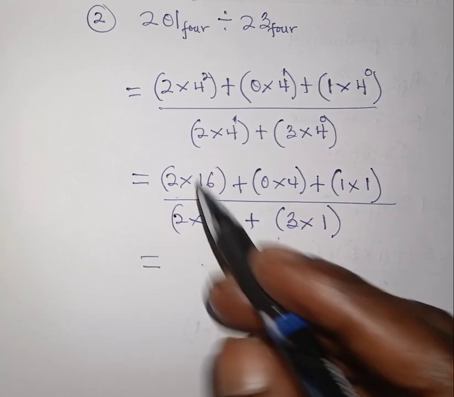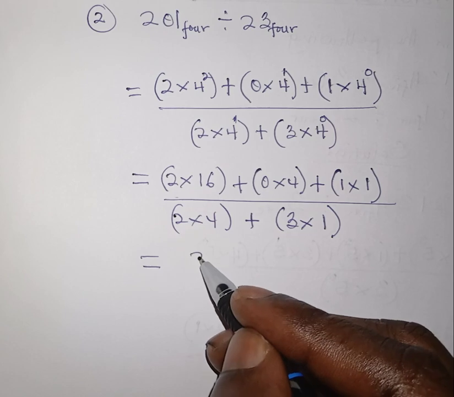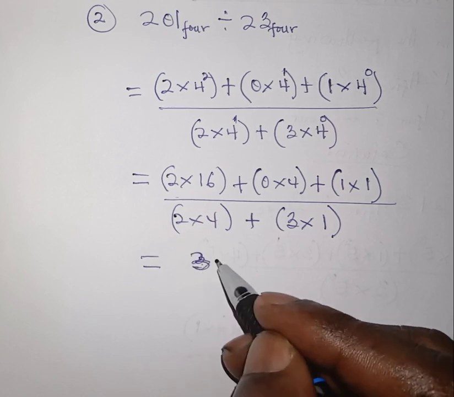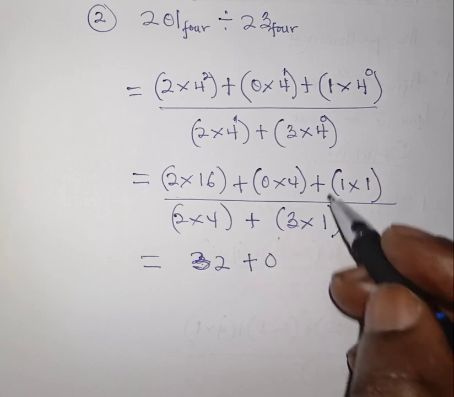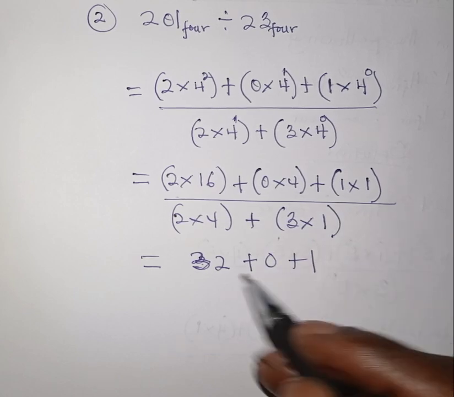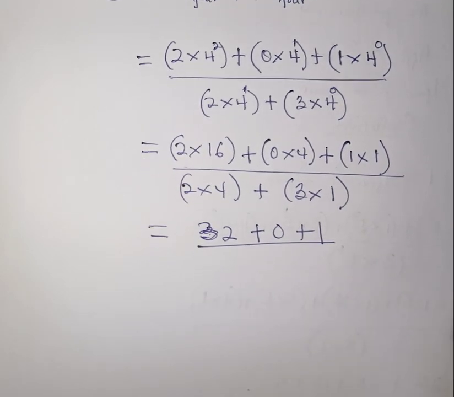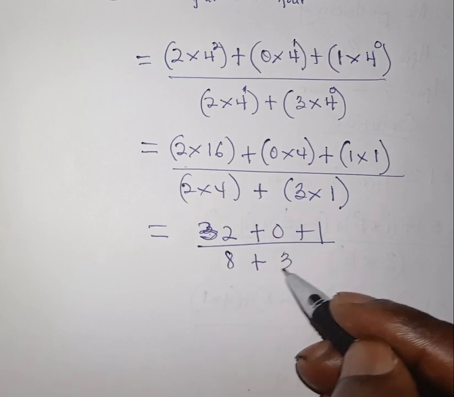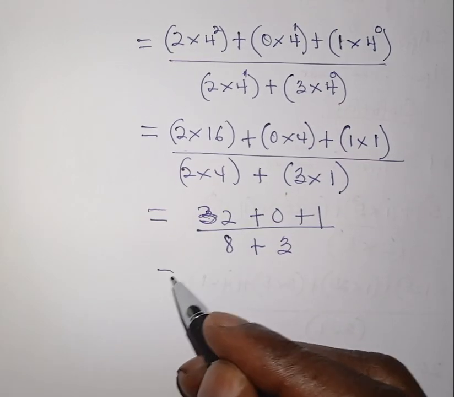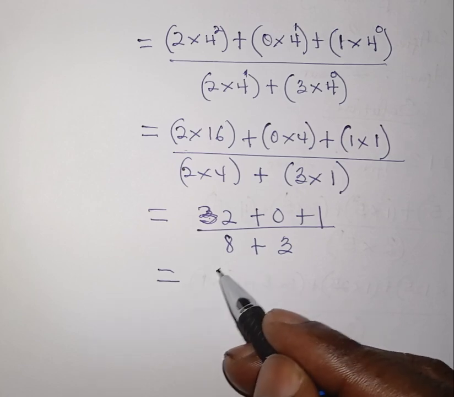So we have 2 times 16, which gives us 32, plus 0, plus 1, which gives us 33. The denominator is 2 times 4, which is 8, plus 3, so 11.